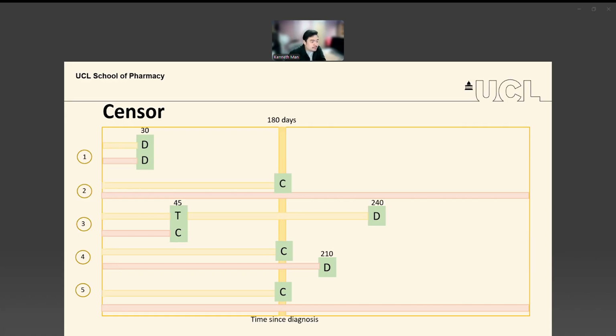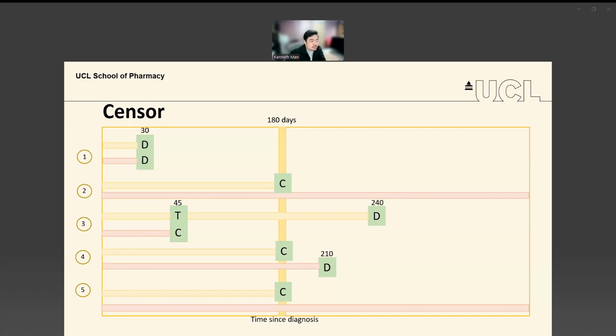For patient number 5, patient number 5 did not receive treatment within 180 days. So for the treatment arm, it's still the same. We censored it at day 180. Although patient number 5 received the treatment after day 180, the original treatment assignment is that you have to receive the treatment within 180 days.